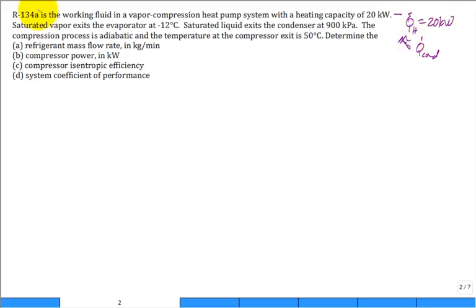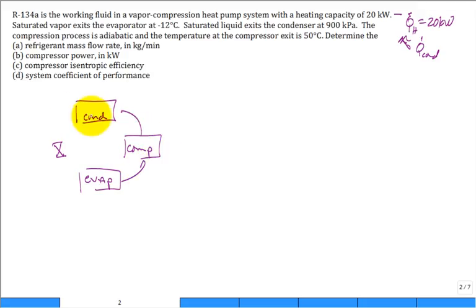Okay. The saturated vapor exits the evaporator at -12. So let's probably go ahead and make a sketch of the components again. You sketch it a number of times, you get better at it, right? So this is our condenser. This is our compressor. This is our expansion valve. This is our evaporator. Flow goes like this, to this, to this, to that. Let's call this state 1, state 2, state 3, state 4.